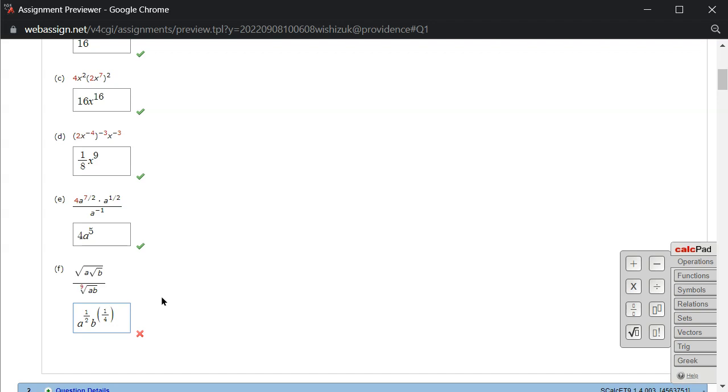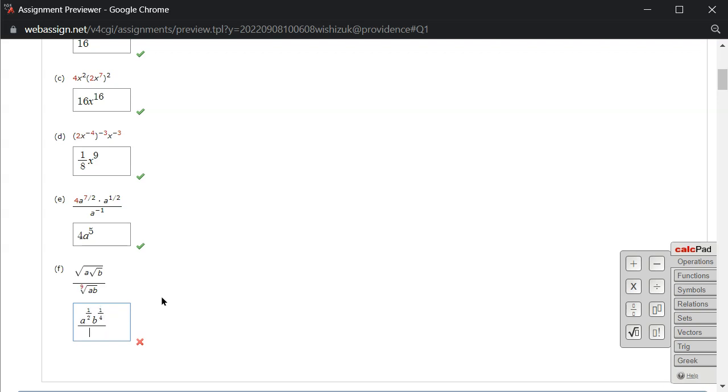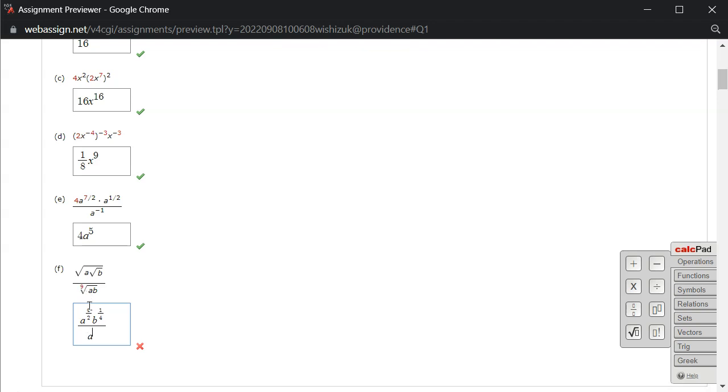So we got that. Then we're going to divide by the denominator, so I'm going to distribute. This is going to be a to the 9th power, so a to the 1/9 power. We do the same with b, so it's going to be b to the 1/9 power.